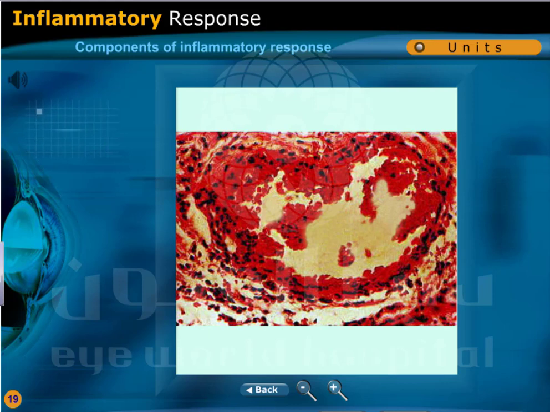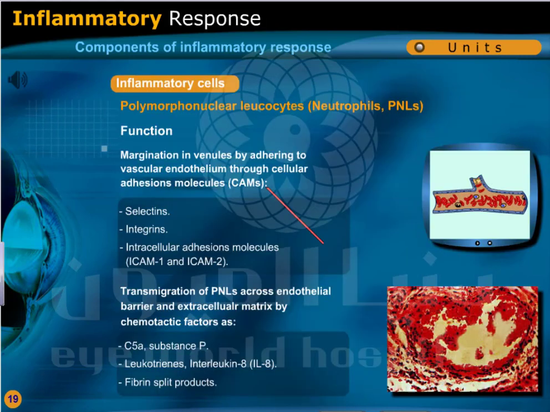Polymorphonuclear leukocytes marginate in venules by adhering to vascular endothelium through cellular adhesion molecules, or the CAMs, selectins, integrins, intercellular adhesion molecules ICAM1 and ICAM2. They also transmigrate across endothelial barrier and extracellular matrix by chemotactic factors such as complement 5a, substance P, leukotrienes, interleukin 8, and fibrin split products.